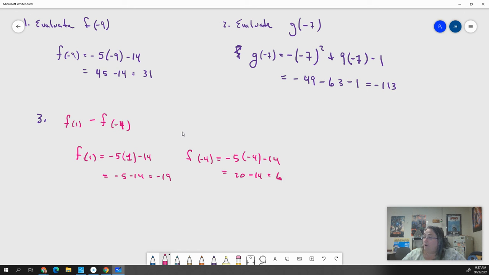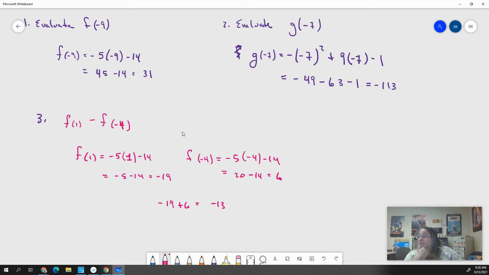And so what do we wind up with? We wind up with negative 19 plus 6, which is negative 13, right? We can solve them each individually and then just subtract their answers, right? f of 1 equals negative 19. f of negative 4 equals 6. So we can just go negative 19 plus 6.